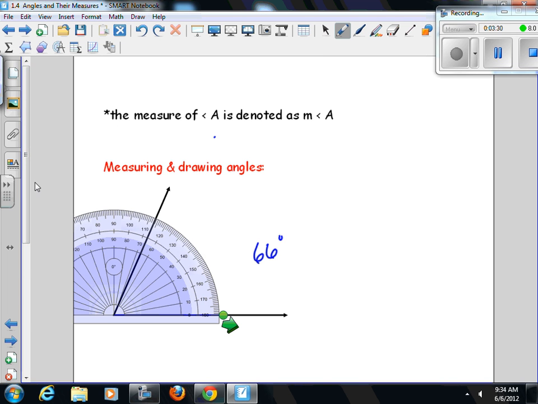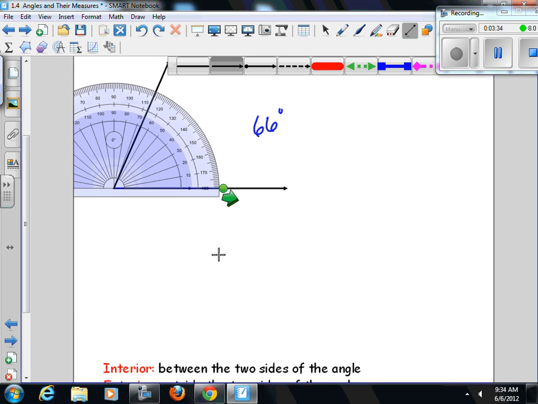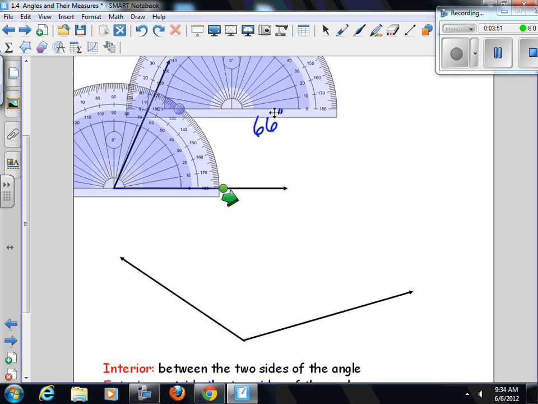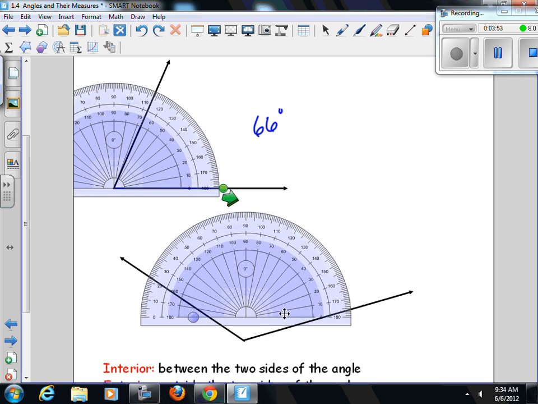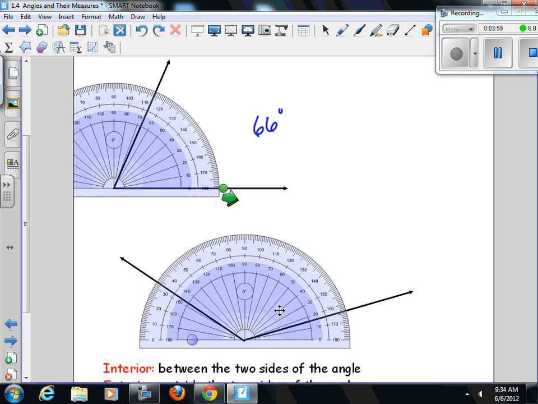Okay, so now let's say that we draw another angle here and measure it. I'm going to draw this angle. So I'm going to take my protractor. I've drawn it in a little bit different position. I'm going to drag it down, put the center there on the bottom where those lines intersect, right on the vertex.